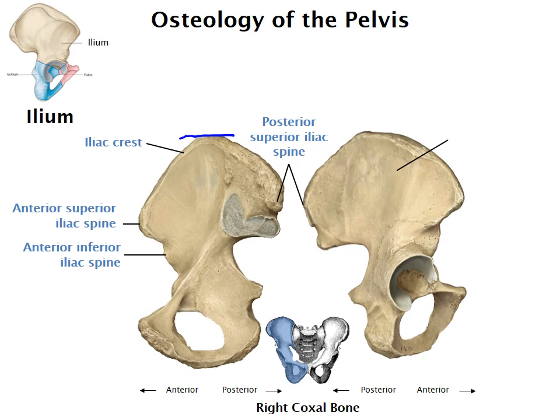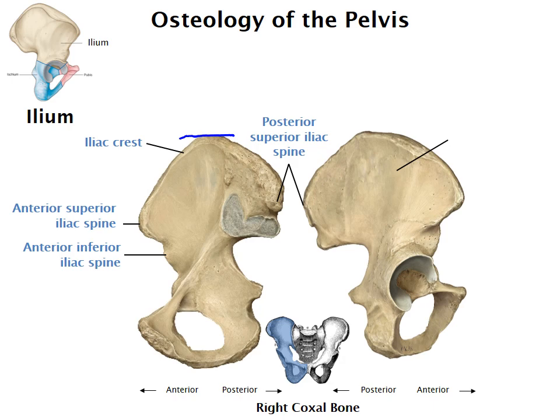The AIIS can also be identified, though it is less prominent than the ASIS. The AIIS is a site of attachment for the rectus femoris muscle and for the iliofemoral ligament, both of which we'll see today.